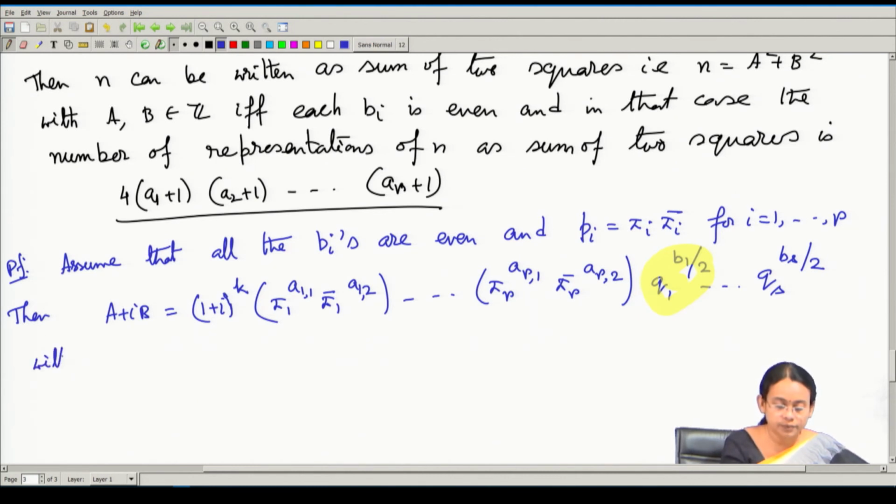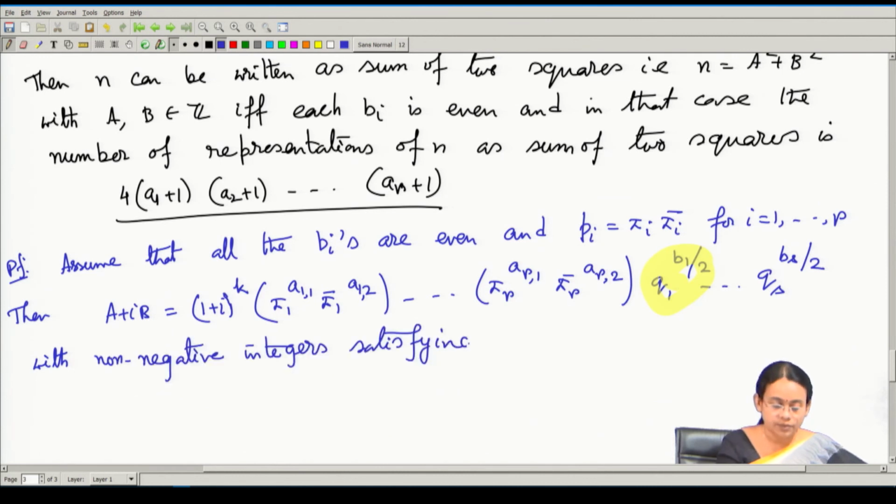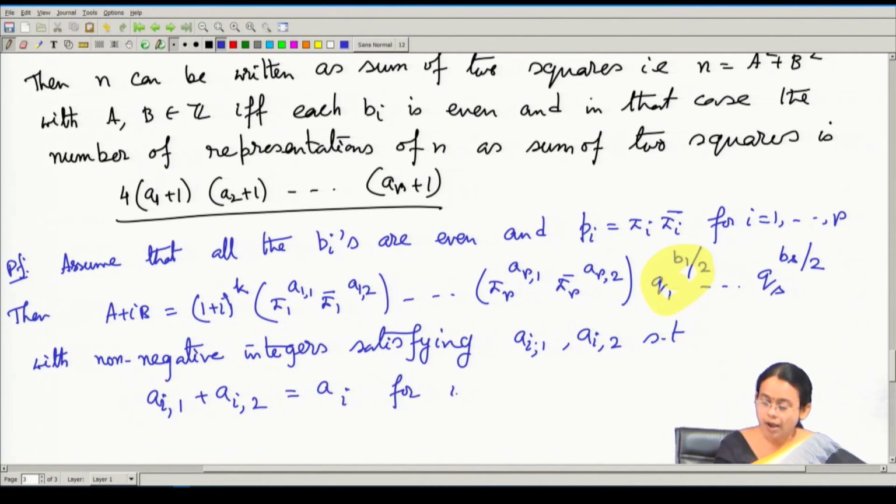They are non-negative integers a_i1 and a_i2 such that a_i1 plus a_i2 should be equal to a_i for i equal to 1 to r.